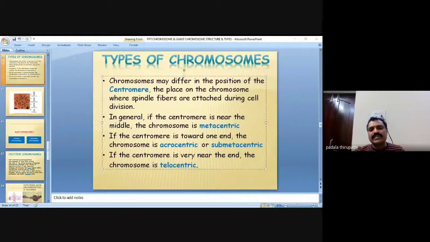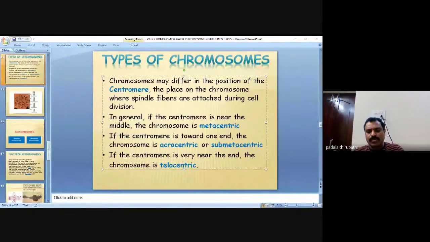If the centromere is very near to the end, at one telomere, in the telocentric condition we observe only one arm. So these are the 4 types.